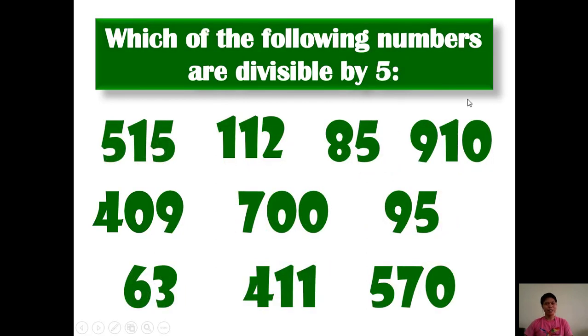How about by 5? Which of the following numbers are divisible by 5? Take a peek. Okay, I hope you got the correct answer. We have 515, 85, 910, 700, 95, and 570. Did you get the correct answers?